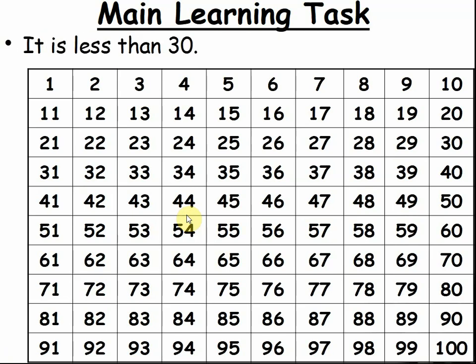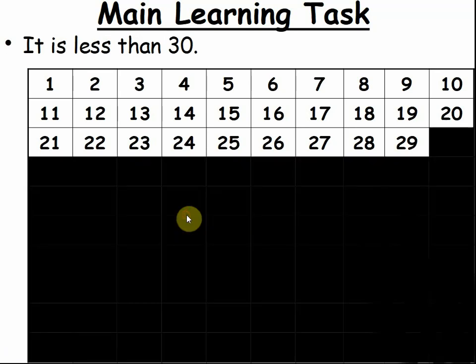It is less than 30, so I can get rid of all the numbers which are 30 or bigger. It is a multiple of 5, so I know that my number must end in a 5 or a 0.